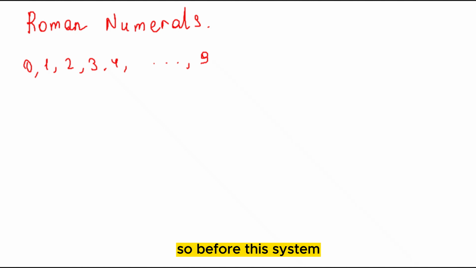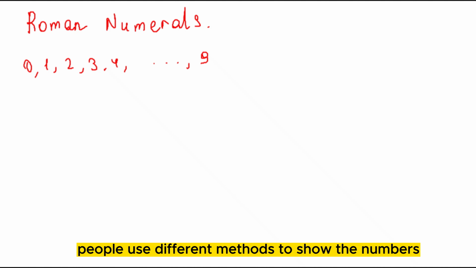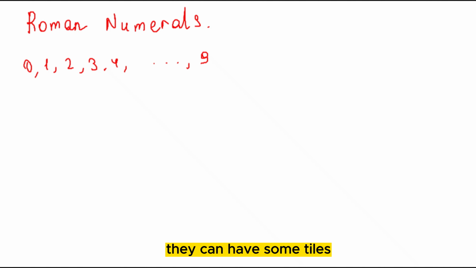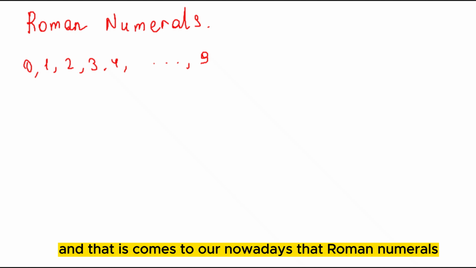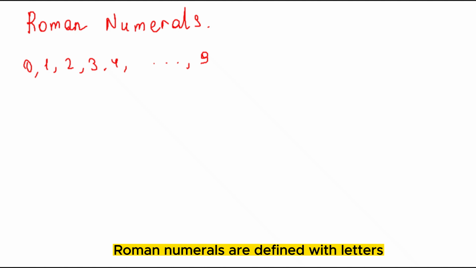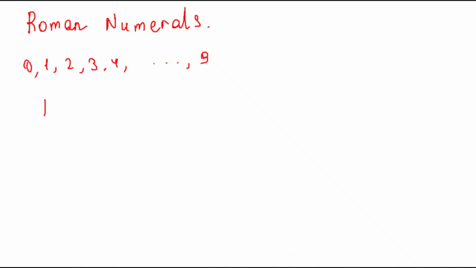Before this system, people used different methods to show numbers. They could have some signs, they could have some sticks, and later the most popular one, which comes down to our days, Roman numerals. Roman numerals are defined with letters.